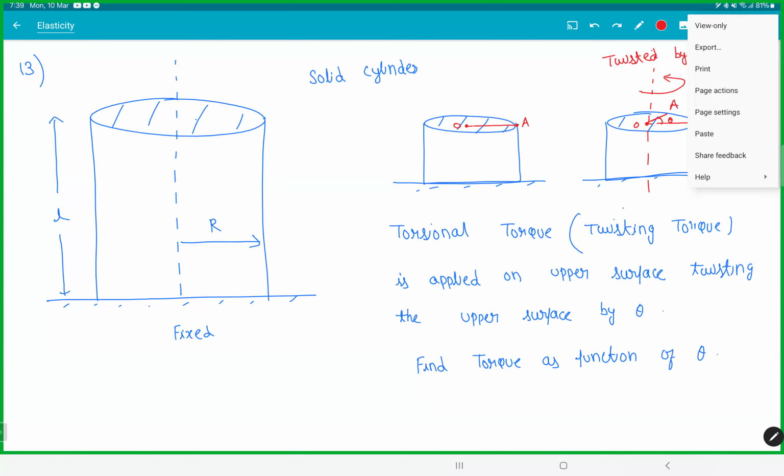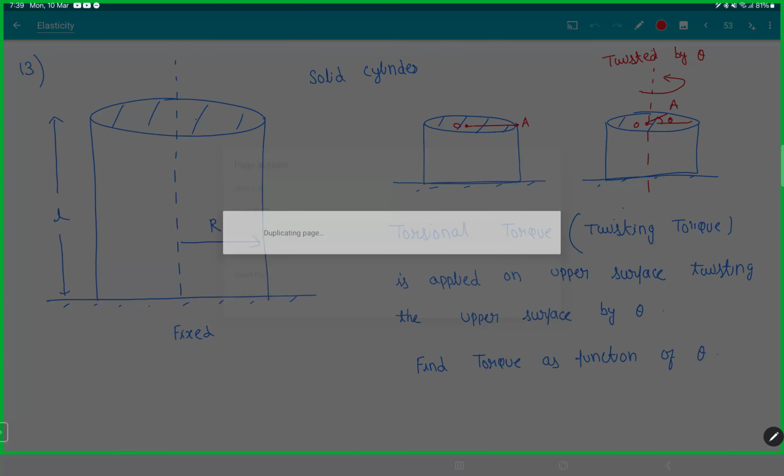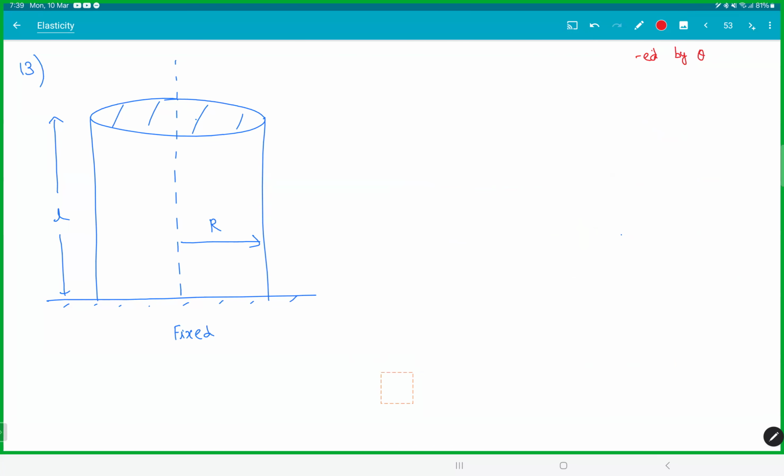Let's see. So at a distance x here, take a thin ring.